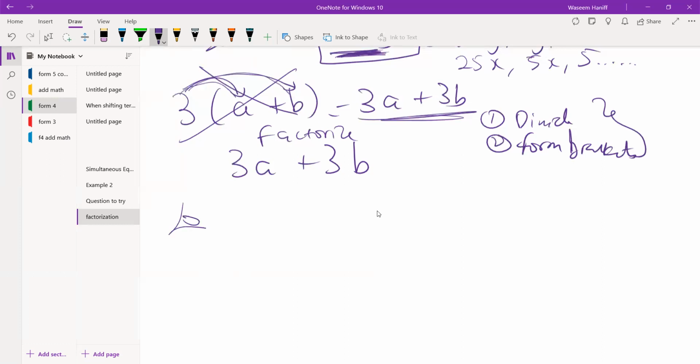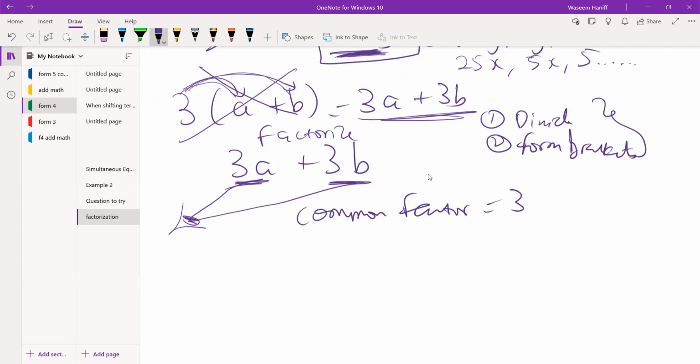So I want to look at these two terms. What is the common factor in these two terms? What could comfortably divide both terms here? If you look closely, you can see 3 could comfortably divide the first term and 3 could comfortably divide the second term. So the common factor is 3.